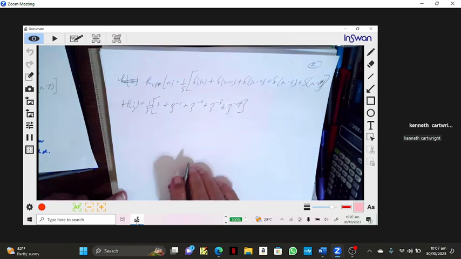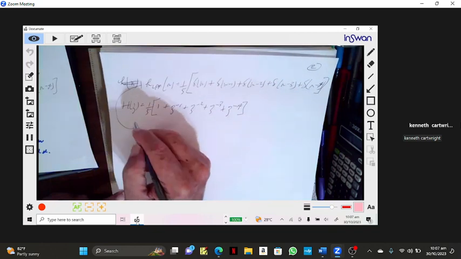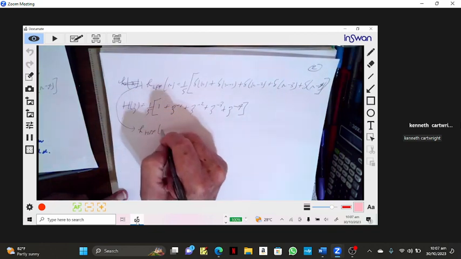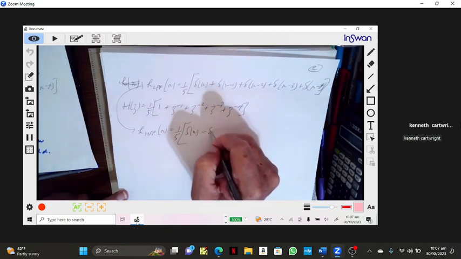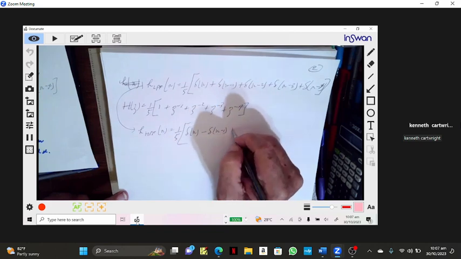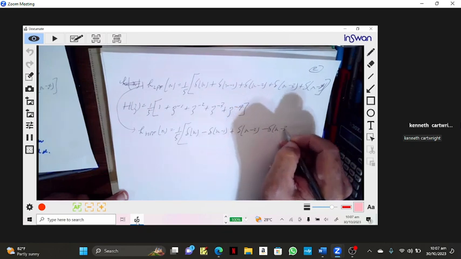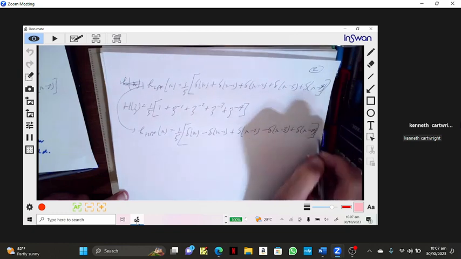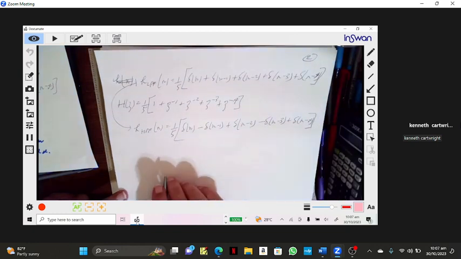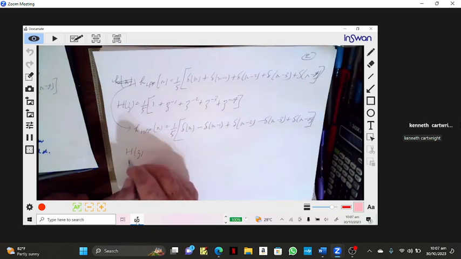Using our rule then, we convert to a high-pass filter by simply changing the sign of every other one. So the H of z for the high-pass filter.